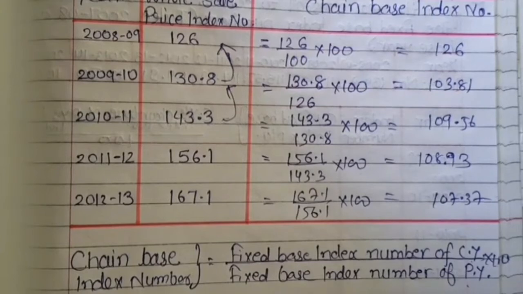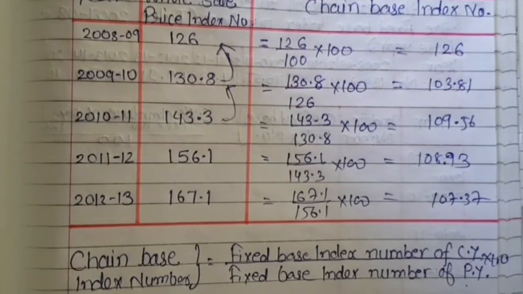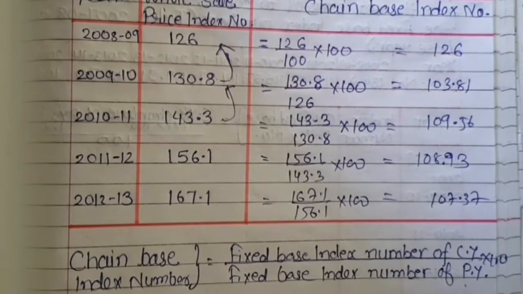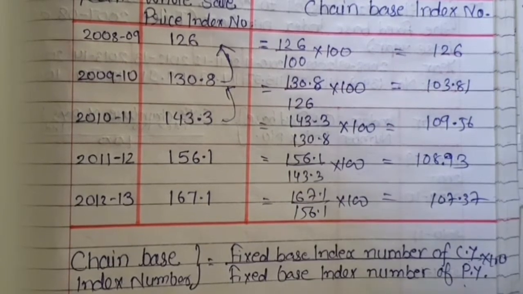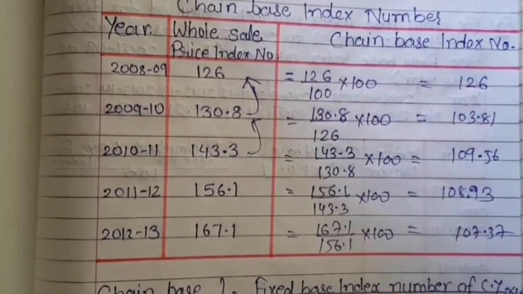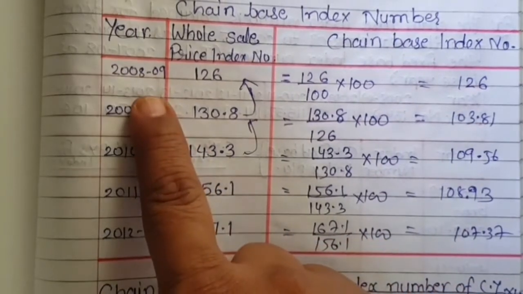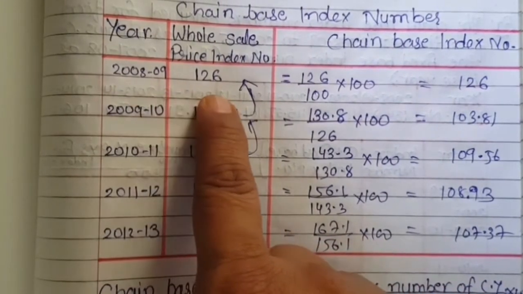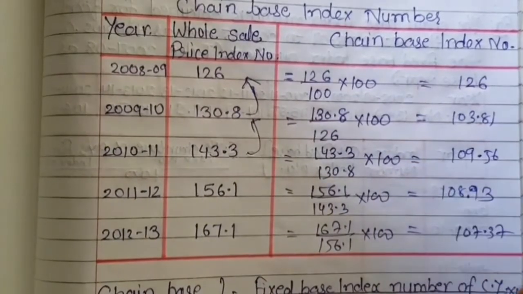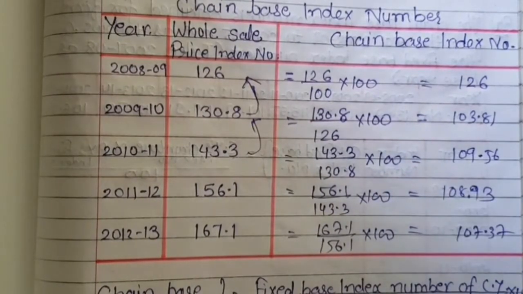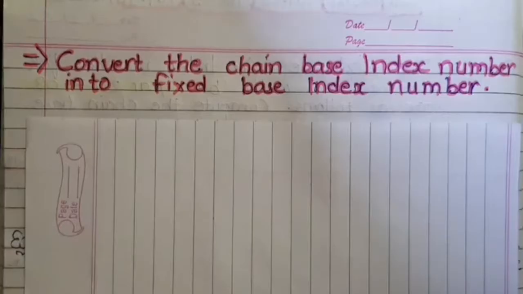So you can see I have converted the wholesale price index number into chain base. I have applied the same method, but a little calculation difference was seen in the year 2008-2009, because in the last sum the data given was different. In this sum the data given is a little different. So I hope you all have understood.